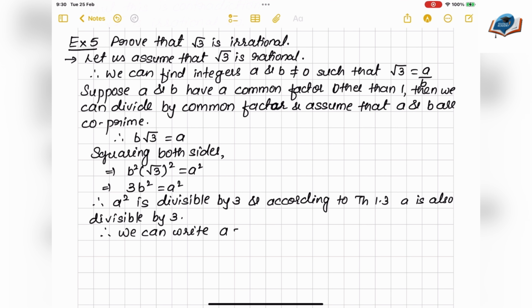Since A and B are integers, we get 5 minus A upon B as rational. So, root 3 is rational.